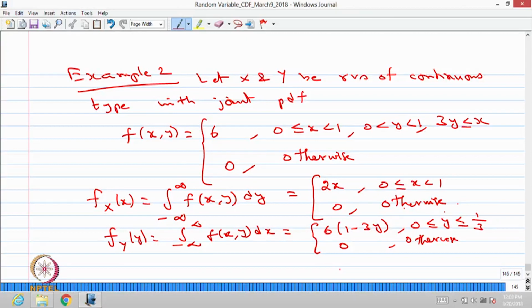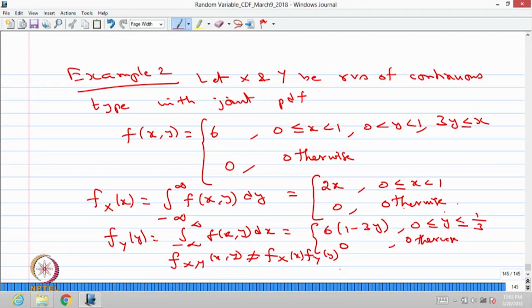By seeing the probability density function of x and the probability density function of y, their product is not going to be the joint. That means f of x comma y is not equal to the product of the probability density function of x and y.